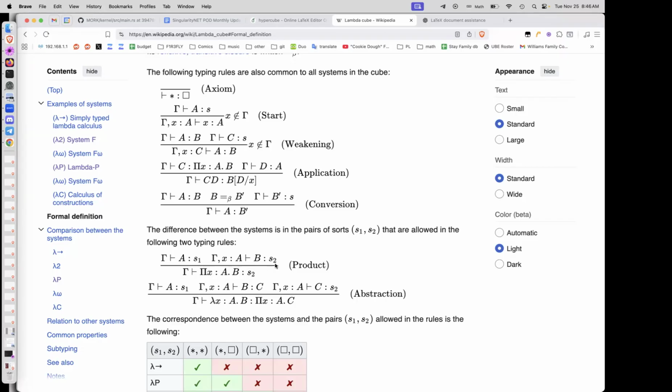In your example, S2 would also be star. But if we make S2 box, then we get some other language features. So if S2 is box and S1 is star, then this says X is a value, right, whereas B is a kind.